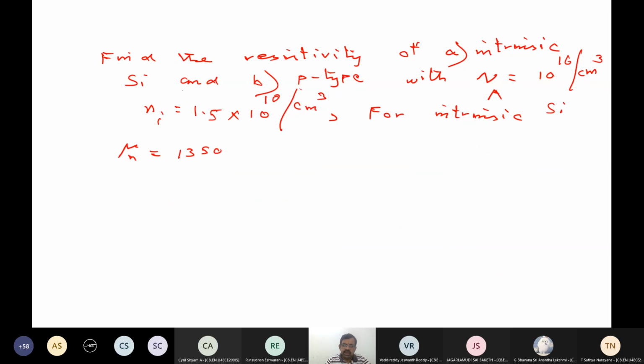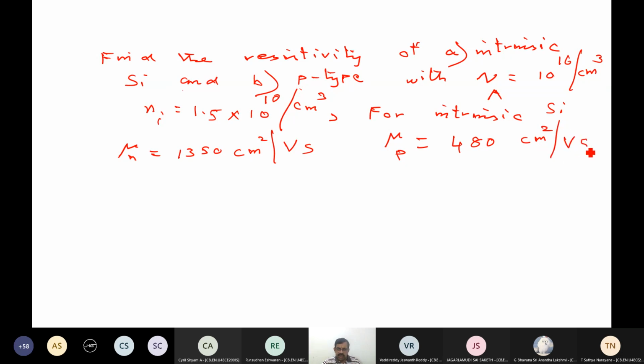I hope that is clear. So that is 1300 centimeter square per volt second. Mu p equal to 480. We'll come back to this problem after doing some theory.